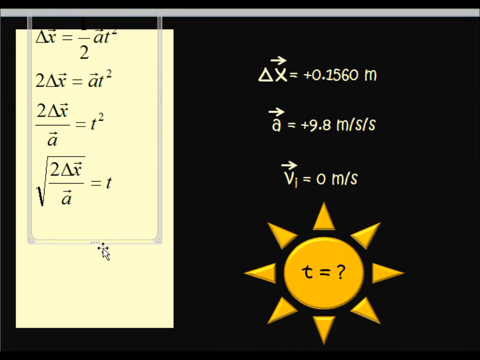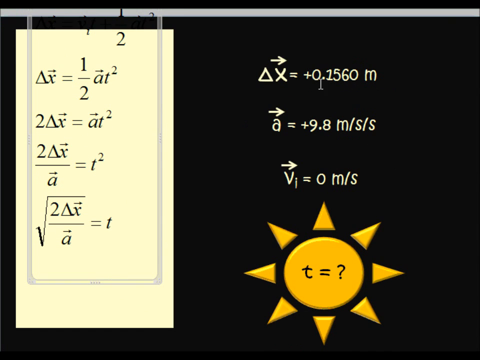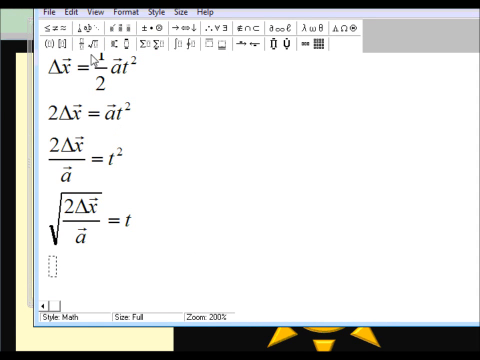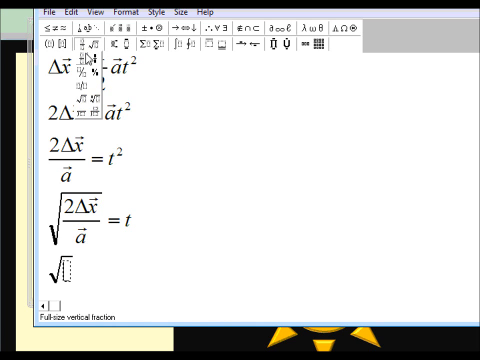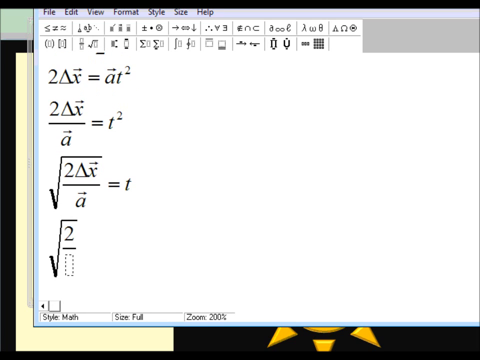So delta x we know is positive 0.1560 meters. So square root of 2 times delta x.